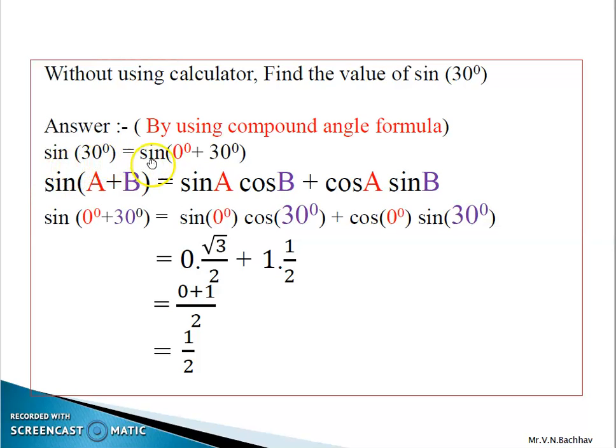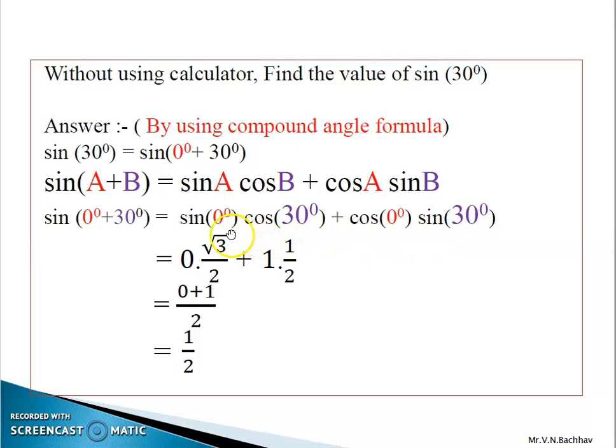Sine 30 degree is equal to sine of 0 plus 30, and we know that the formula of sine A plus B is equal to sine A cos B plus cos A sine B. So sine of 0 degree plus 30 degree is equal to sine 0 cos 30 plus cos 0 into sine 30.